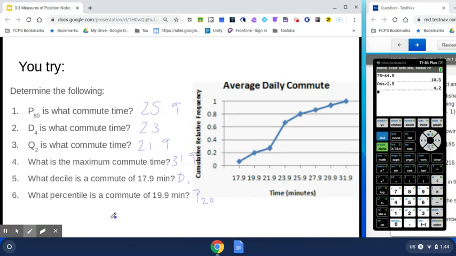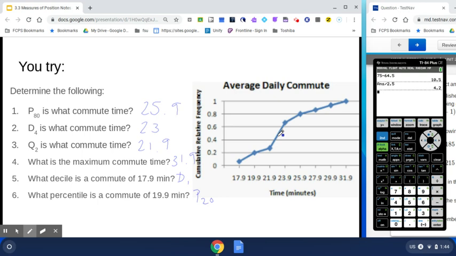Okay, for those answers, for number 1, 25.9. Again, I went straight across from this 0.8 and then straight down to find that. D4 is equivalent to the 40th percentile. So straight across from this 0.4, I estimated that to be about 23 minutes. Q2, we would go straight across from the 50th percentile.